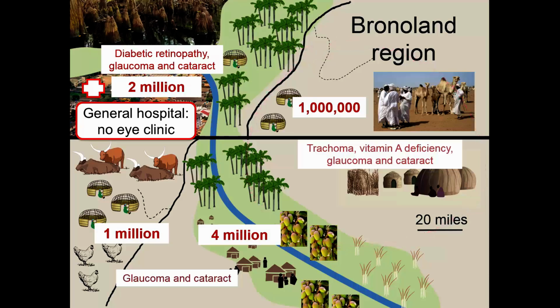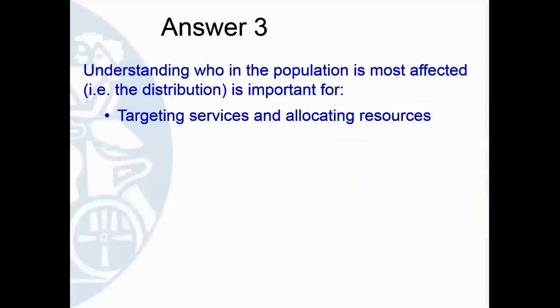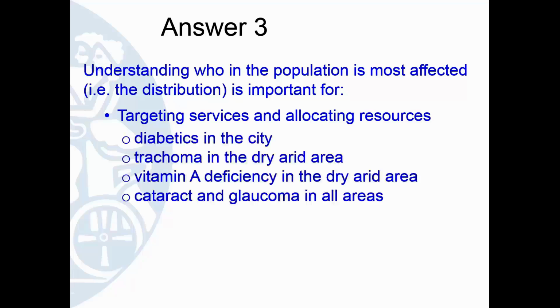So my question to you just now is, why is it important to know that there are these different causes in different places? And of course the most obvious cause is so that services can be targeted to the subset of the population who are most affected. So you'd want to set up a service for diabetic retinopathy focusing in the city.